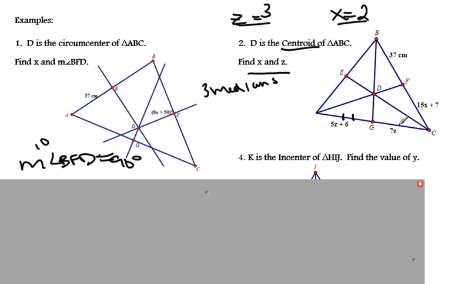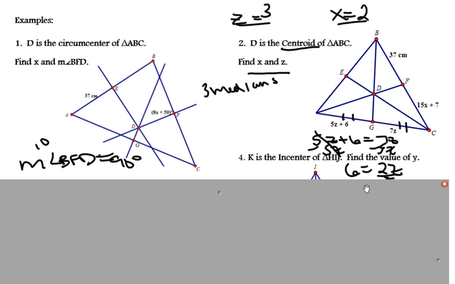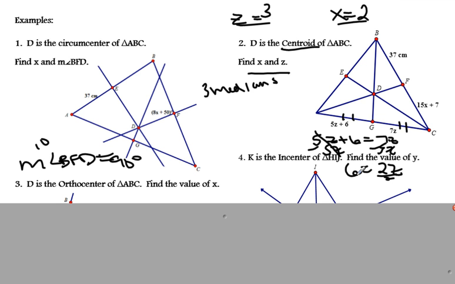We have this set of sides equal to each other, so 5z plus 6 equals 7z. Subtract 5z from both sides. So I get 6 equals 2z, divide by 2. So I get z equals 3.